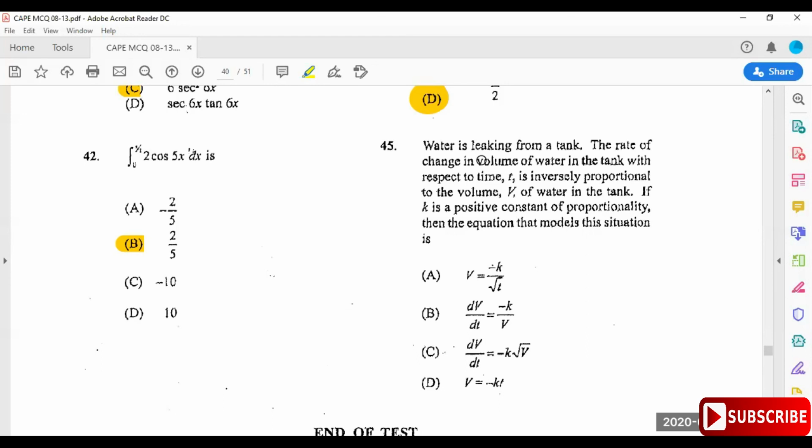The water is leaking from a tank, so that's why you put minus V. The volume is only decreasing.